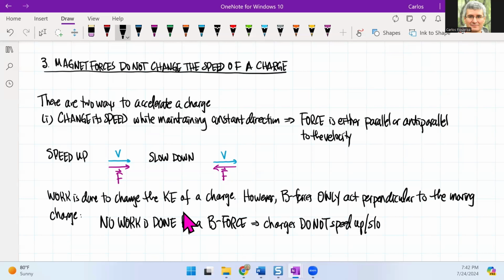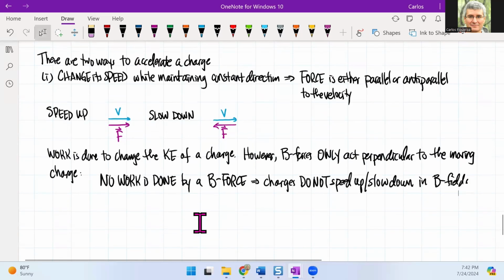Which is kind of crazy when you think about it. There's a force, but it's not speeding up or slowing down the charge.